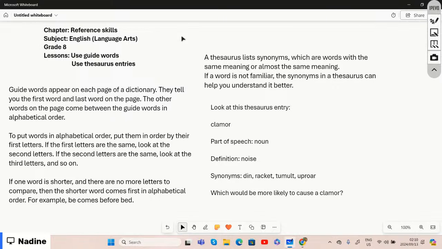And I think guide words were designed to make looking for words much easier.